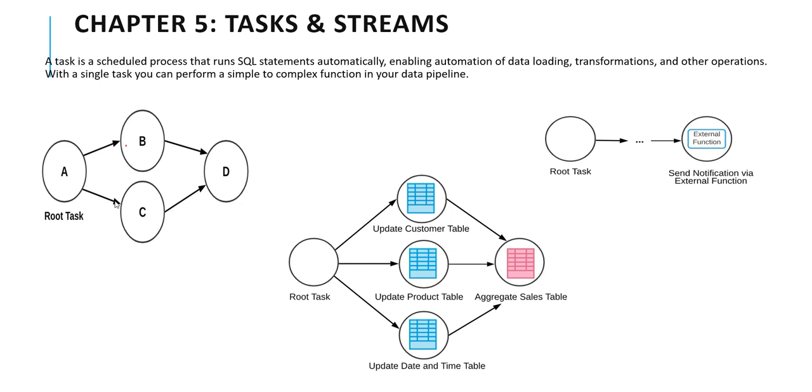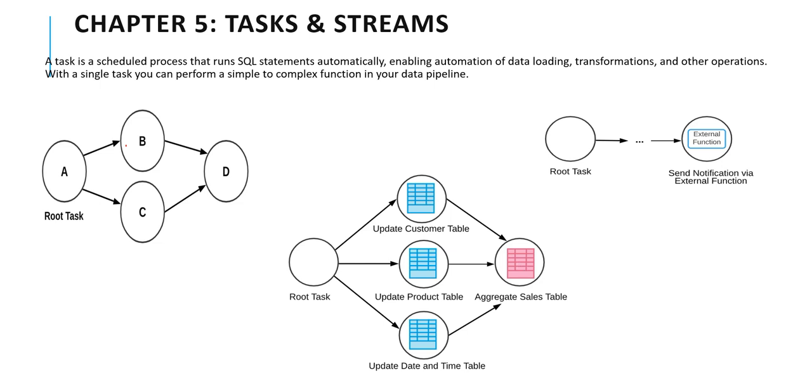In the first diagram, the root task prompts tasks B and C to run simultaneously. Task D runs when both tasks B and C have completed their runs. In the second diagram, the blue color shows the dimension table and the red color shows the fact table.